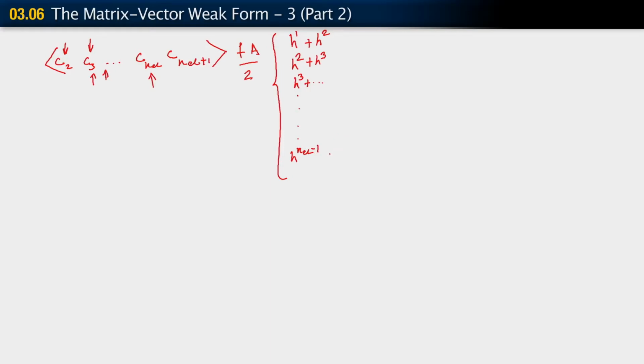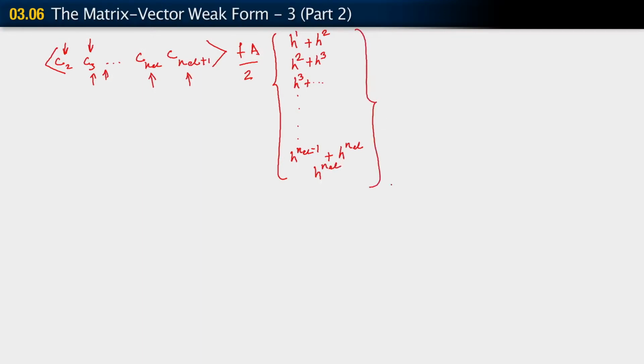Okay? That entry would also have a contribution from the very last element, HNEL. Okay? And the very last entry of the forcing function of this vector that we're trying to develop would have a contribution only from the very last element. And that would be corresponding to that degree of freedom. Okay? That would also be HNEL.